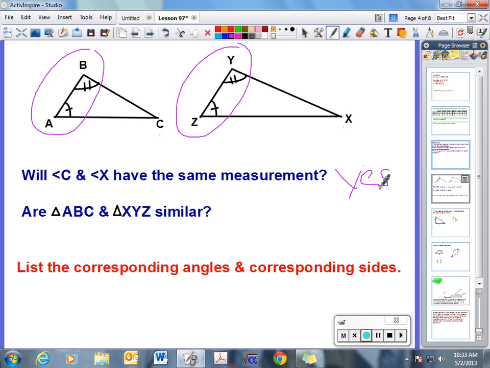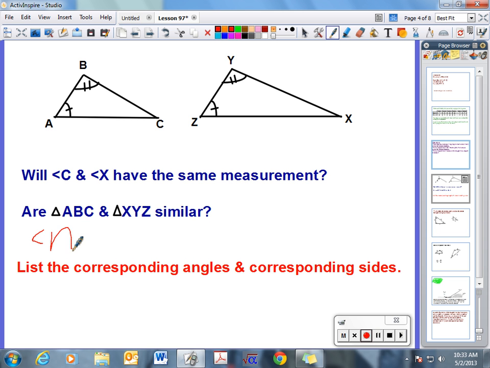Now, I'm going to switch things up here a little bit. Let me get rid of all of that. And let's take a look then at the bottom in red. It says list the corresponding sides and the corresponding angles. So they already kind of marked the angles for us. I'm going to mark my angles right here.